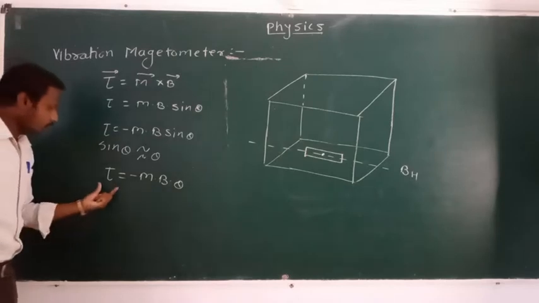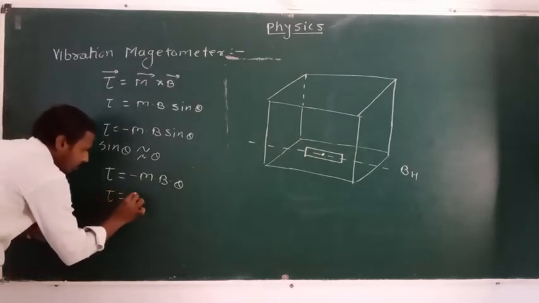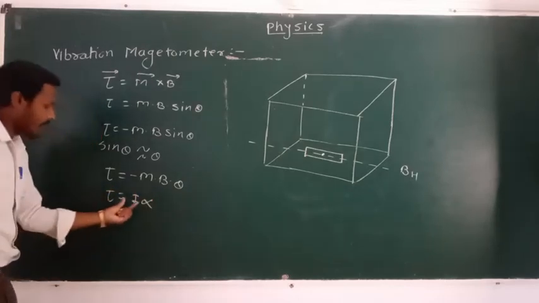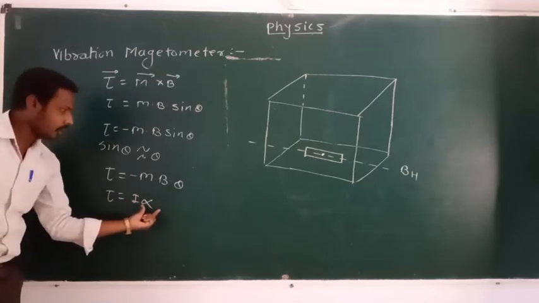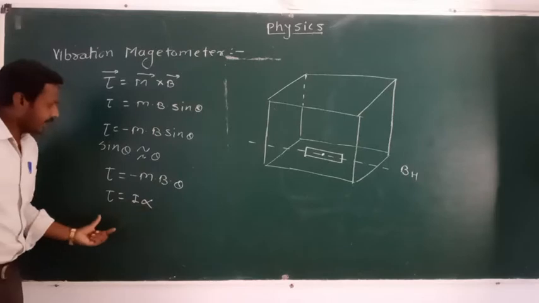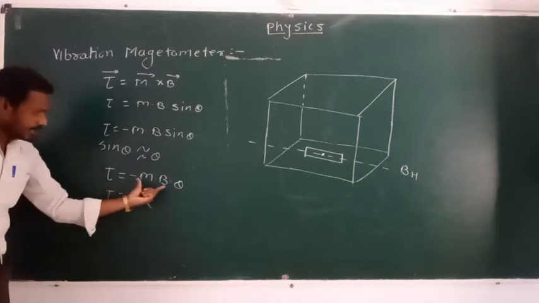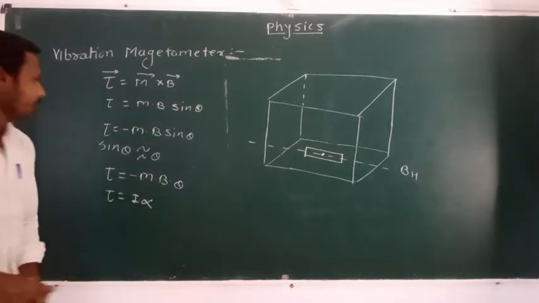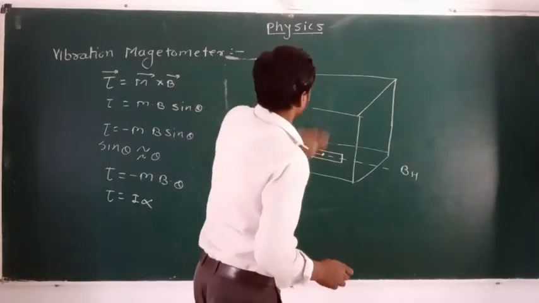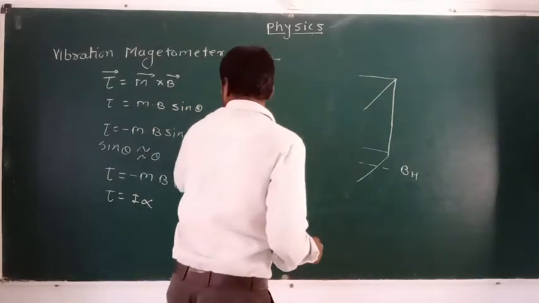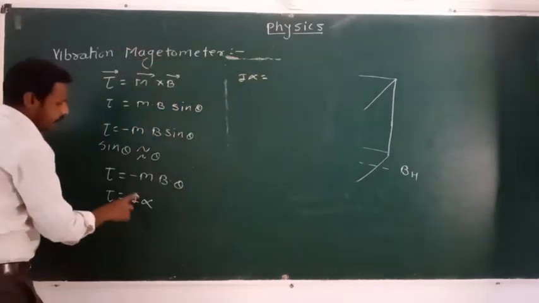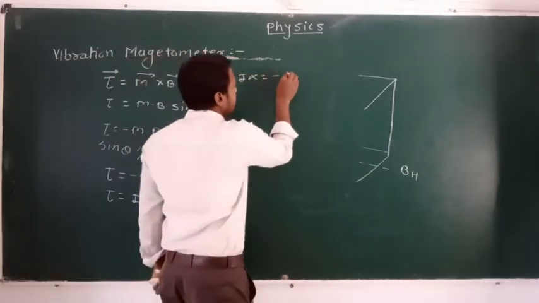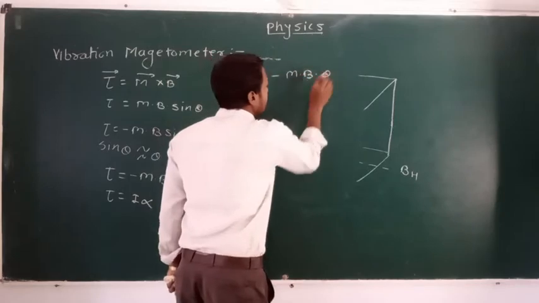But we know that torque is equal to I into alpha, where I means moment of inertia and alpha means angular acceleration. Then instead of torque in this equation I can write I alpha is equal to minus m into b into theta.